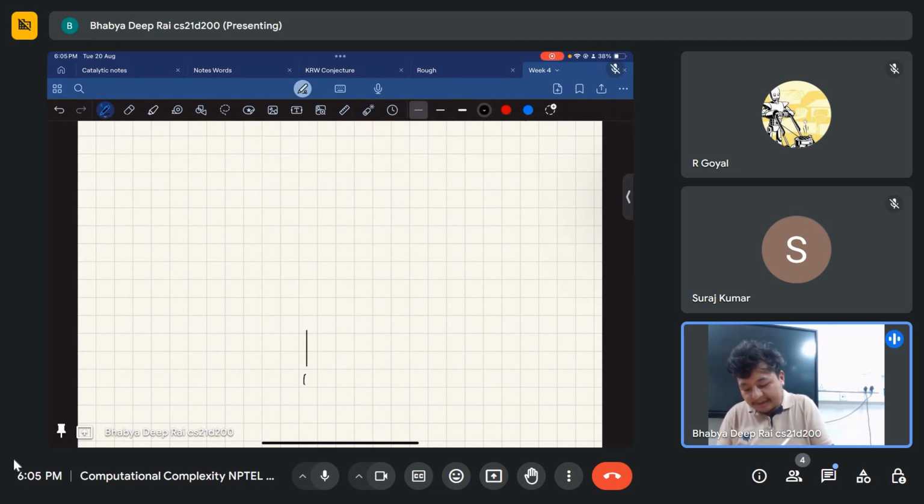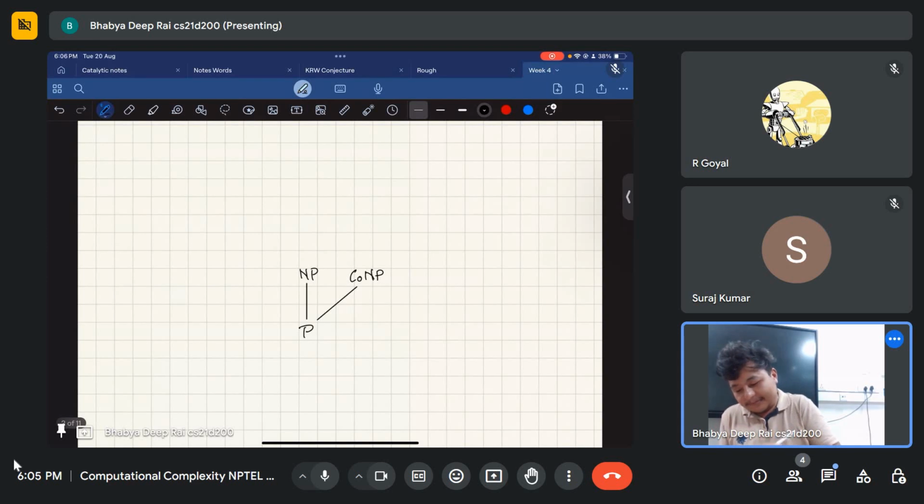You have P, and we know that P is contained in NP. Whether NP is contained in P, we don't know. Another close question is with respect to co-NP. We don't know if co-NP and NP are the same thing, but we know that P is contained in both NP and co-NP.